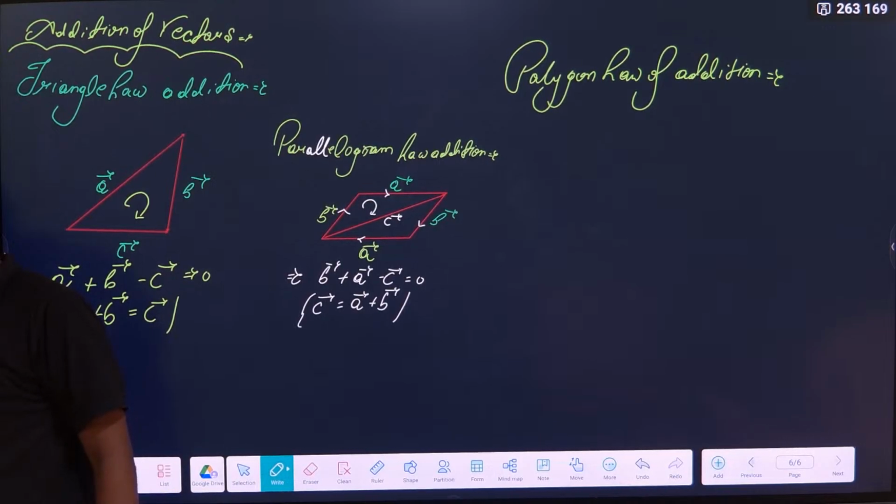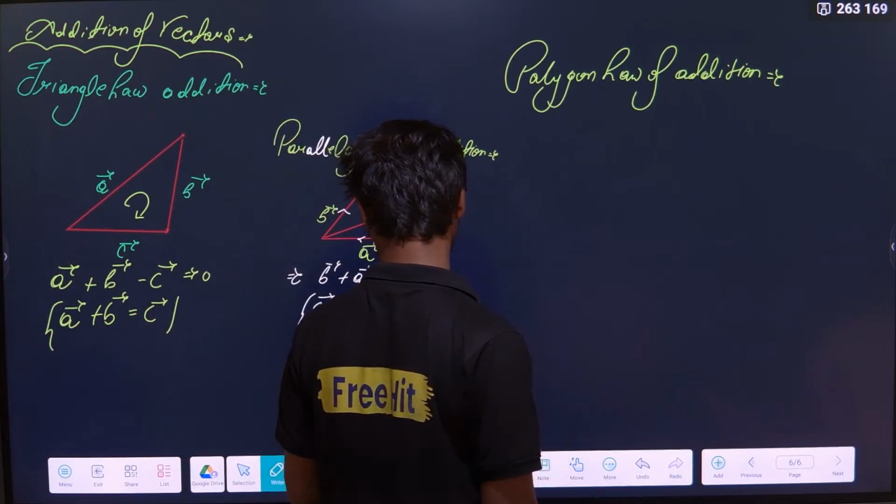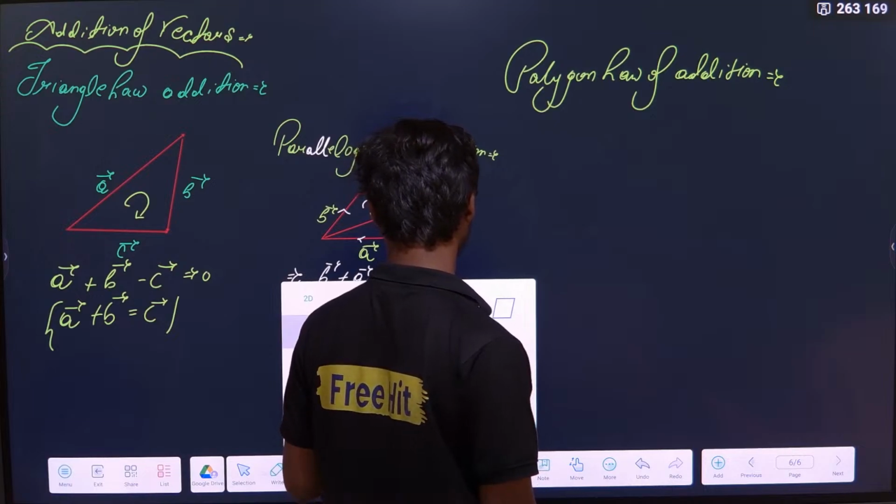Sorry, yes, the polygon law of addition. It's very simple. You can take any polygon.